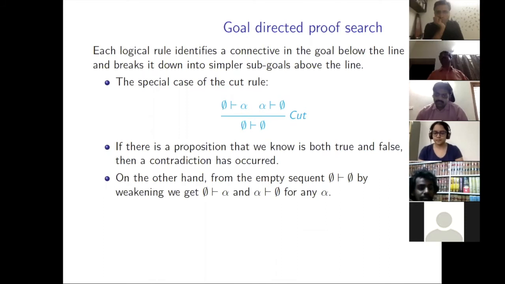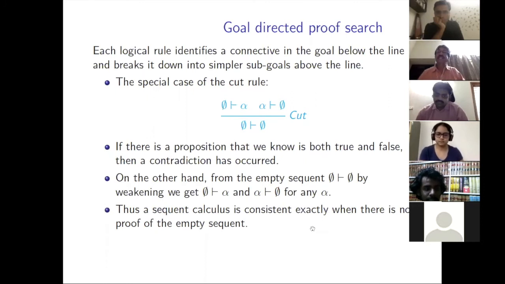And conversely, from the empty sequent, you can always get a contradiction. So this is why a sequent calculus is consistent exactly when there is no proof of the empty sequent. Right? So how do I prove that a sequent calculus is consistent? Well, I prove that there is no proof of the empty sequent.